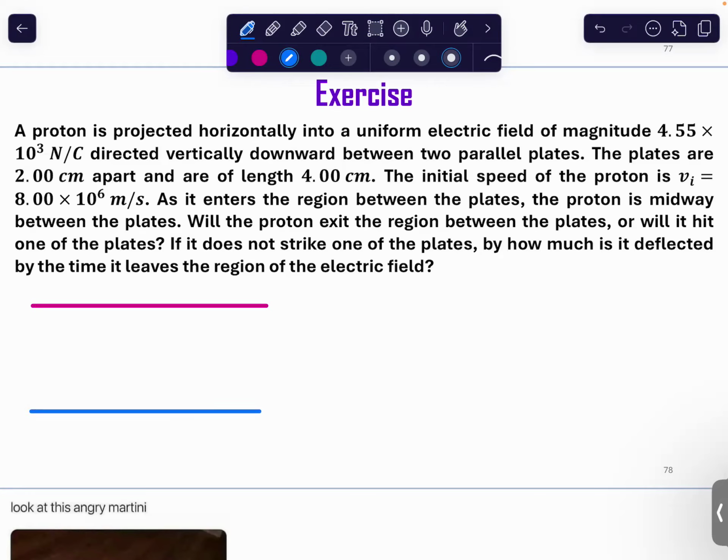Now, there's your electric field. There's your proton.